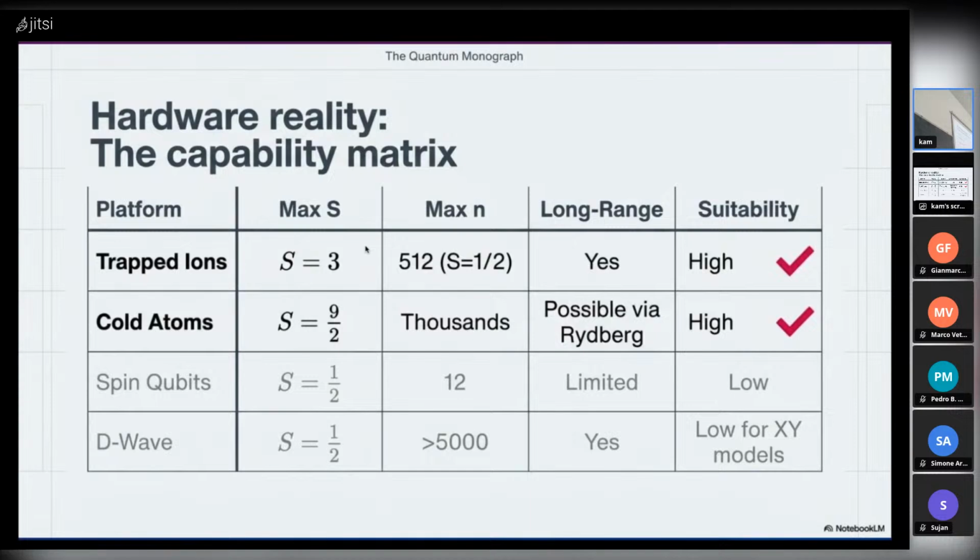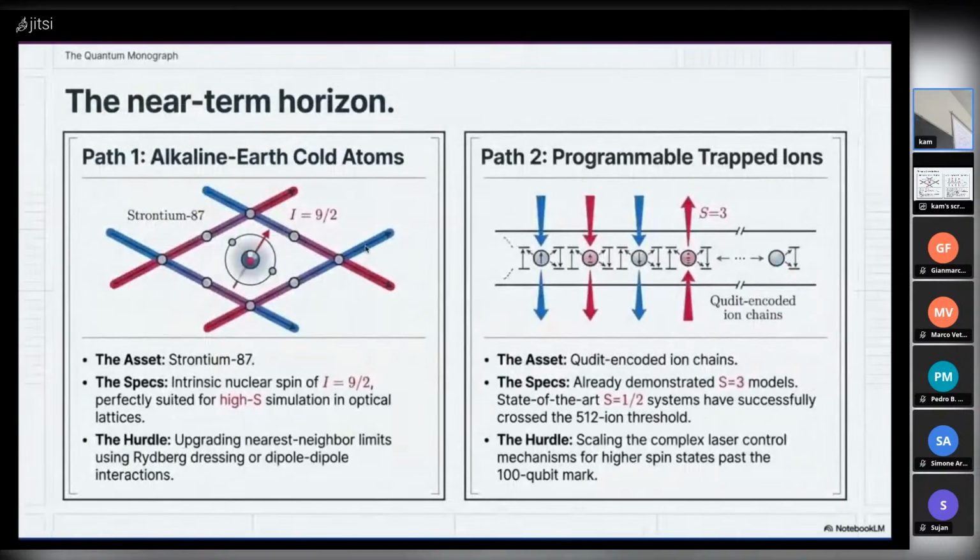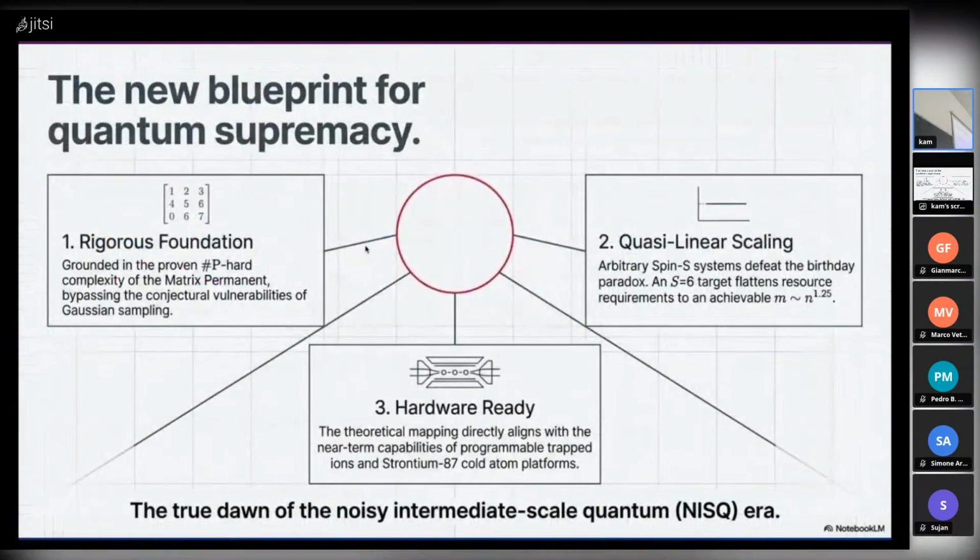D-Wave also is fixed to spin half, so those two can be forgotten. That's just a cartoon, we skip it. My suggestion is that if the photonic quantum kernel is doable, then using my trick it can be doable in other platforms.